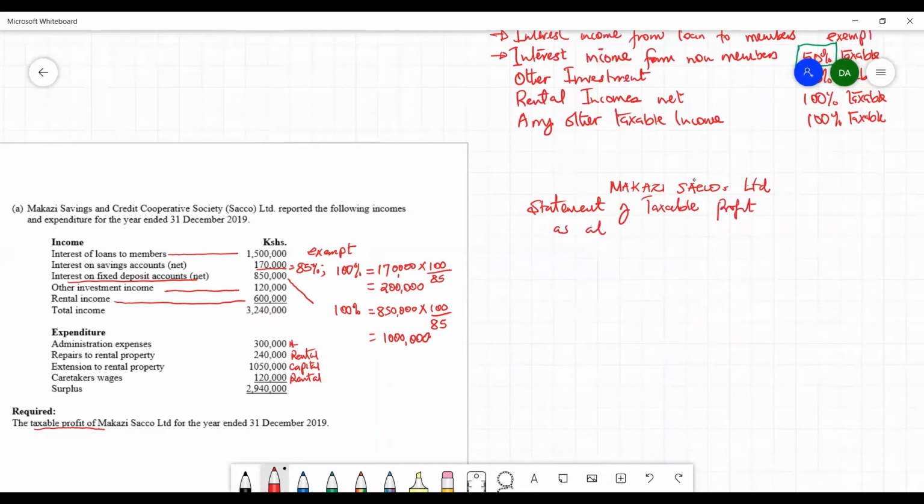Statement of taxable profit for the year ended, for the year of income 2019.